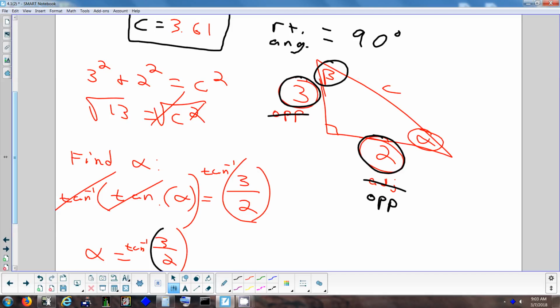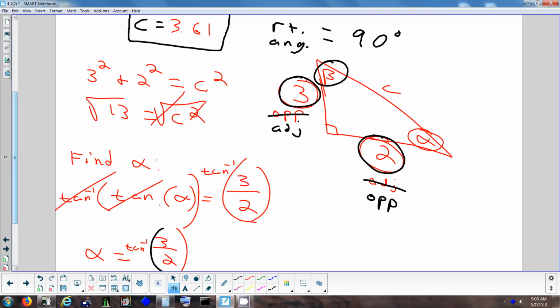So opposite is now the bottom. Adjacent. Remember, adjacent means right next to you. Okay? So adjacent is the side that's right next to beta, but it's not the hypotenuse, because that's across from the 90. Okay. Questions on naming the 2 sides? That's important, because we're going to get those names right, so then we can get the trig function that we use right.